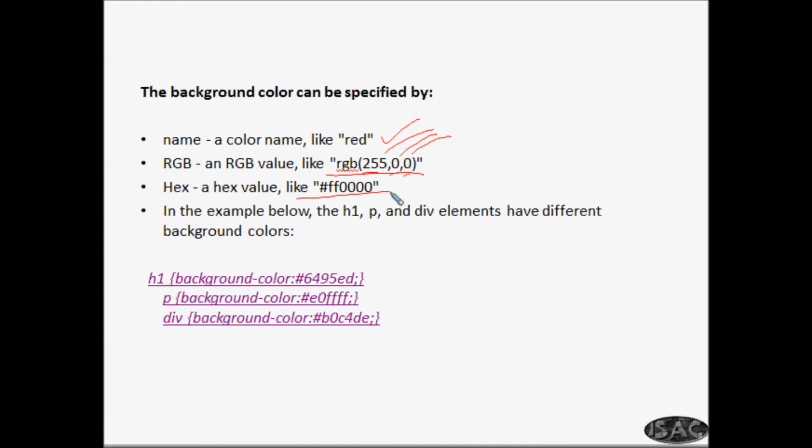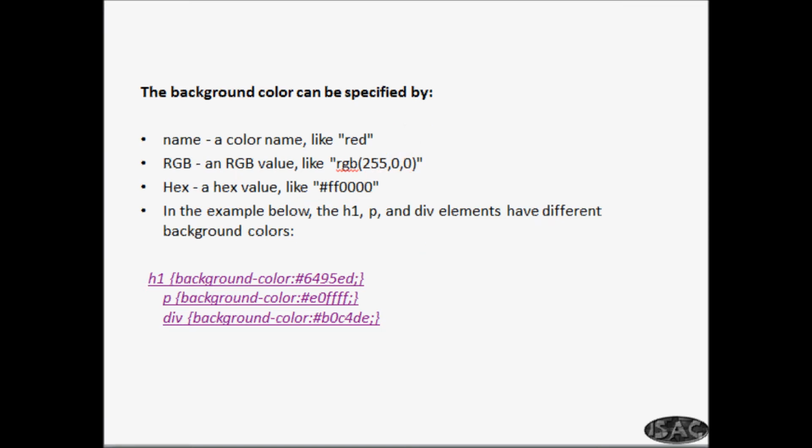Now you can use hexadecimal, hash, RR, GG and BB, right? For this RGB you can use 0 to 9 and A to F, any combinations of these characters from 0 to F, and you can get the colors, right?